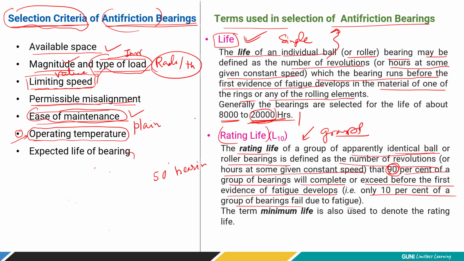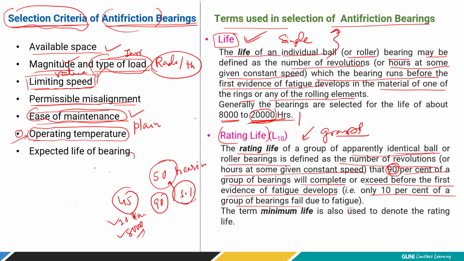Out of which 90%, which means 45, must complete 10 lakh revolutions or the given life, let's say 8,000 hours, just for understanding. If 90% of the group of bearings meet this requirement, that is called rated life, right? It means 10% of bearings are going to fail.